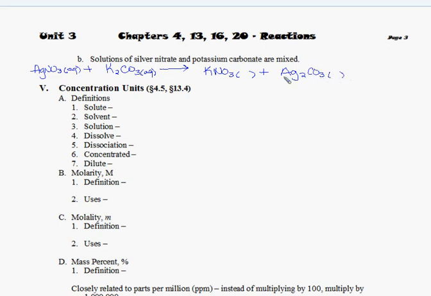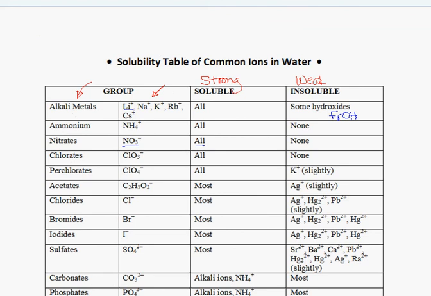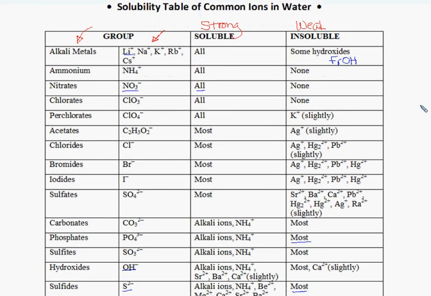And again, as you get your products written out, you want to go back over to your solubility table. As we look at our potassium and our nitrate ions, we see that, yep, they're always going to be soluble. Our carbonate, on the other hand, is now being joined with silver, so that's going to fall into the mostly insoluble category.